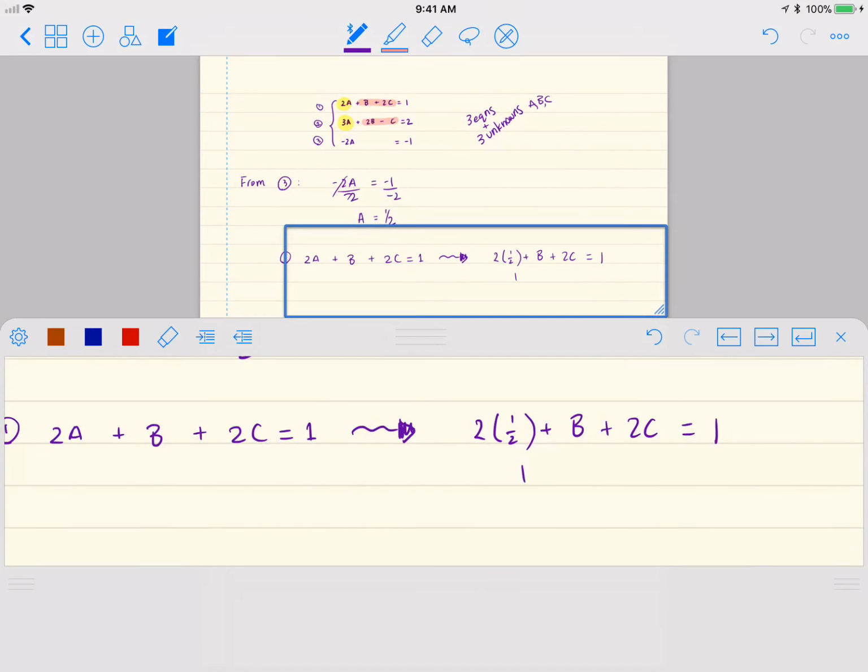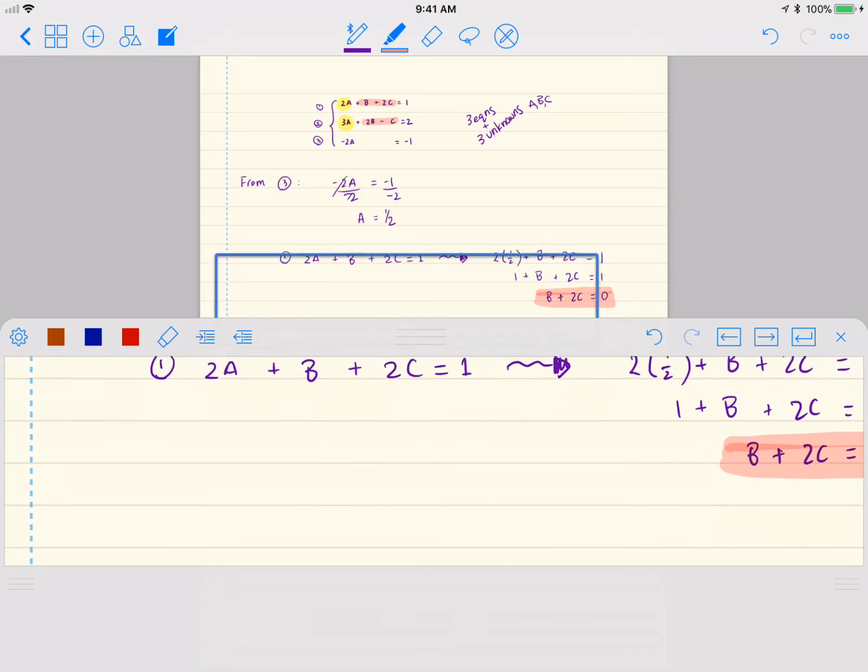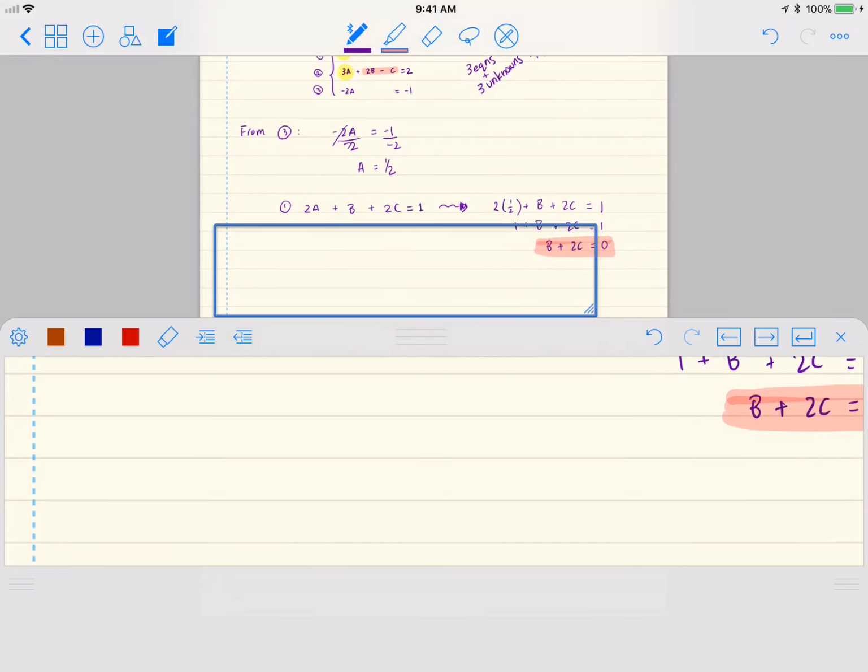Then we can simplify: 1 plus B plus 2C equals 1. So B plus 2C equals 0. All right, so this is our new equation 1. That makes sense.